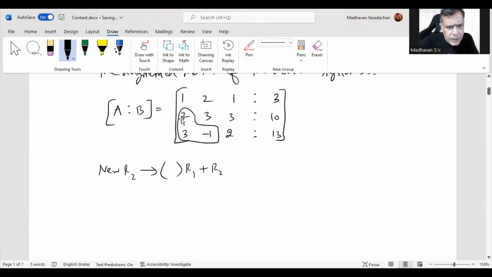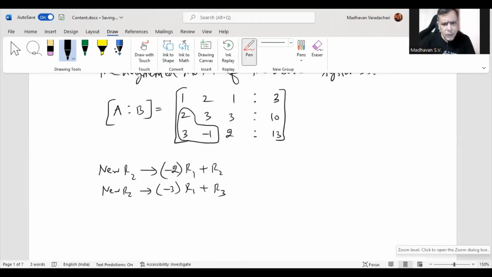We will see this element, it is 2, and we will just take the opposite of that, means it becomes minus 2. By doing that, minus 2 into 1 is minus 2, plus 2, you get this one as 0. Same way, new row 3 will become minus 3 times row 1 plus row 3. Why am I using minus 3? Because here it is 3, and I am taking the opposite sign of that. That's why it is minus 3.